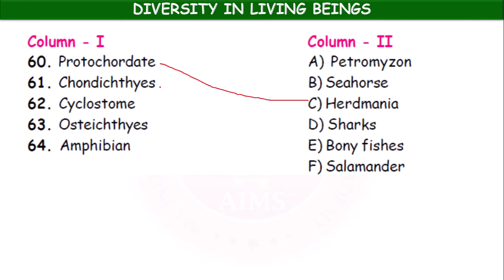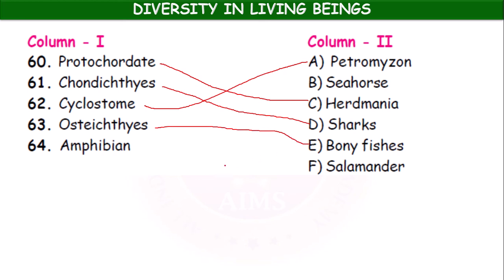Okay, Chondrichthyes means cartilaginous fish, example, shark. Cyclostome means round mouthed animals. Actually jaws are absent in these cyclostomes, example, Petromyzon. Okay, Osteichthyes, they are bony fishes.